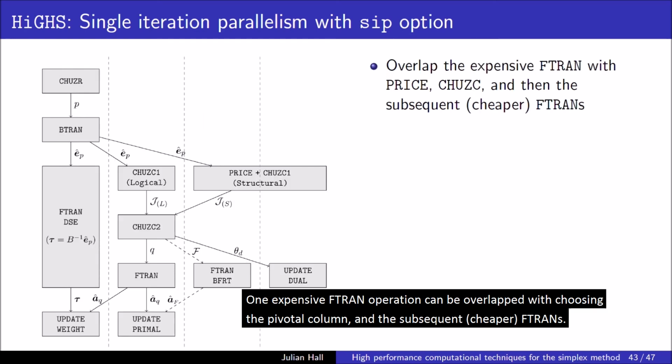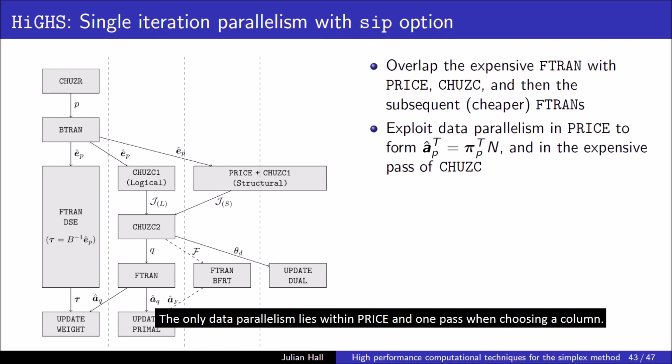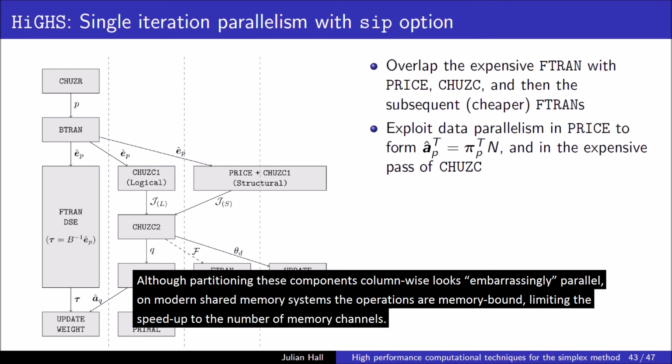One expensive ftran operation can be overlapped with choosing the pivotal column and the subsequent cheaper ftrans. The only data parallelism lies within price and one pass when choosing a column. Although partitioning these components column-wise looks embarrassingly parallel, on modern shared memory systems, the operations are memory-bound, limiting the speedup to the number of memory channels.